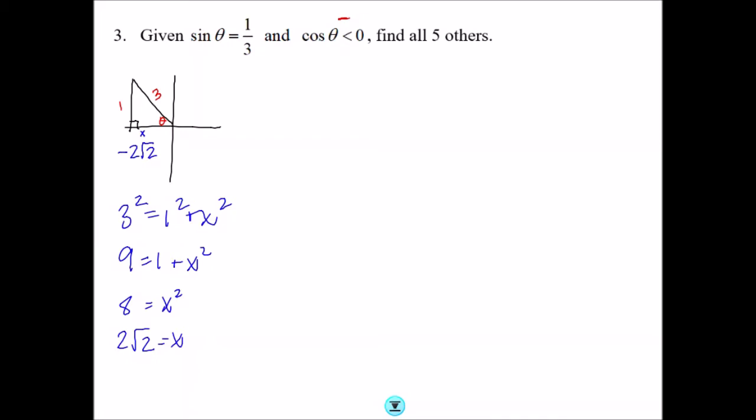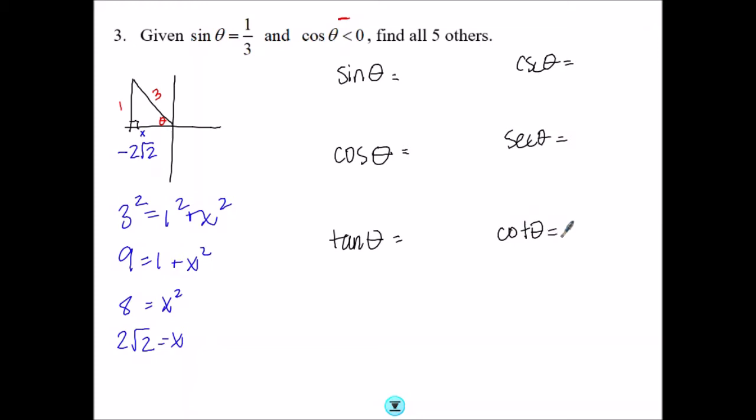Now we can find the other trig functions. We are given that sine of theta is 1 over 3.